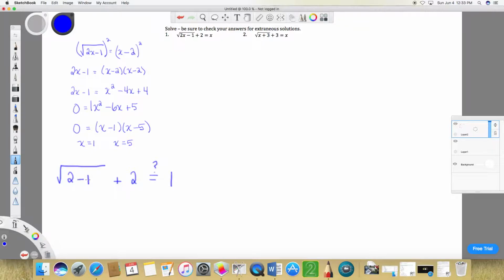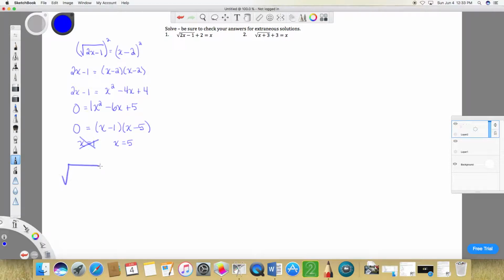So 2 minus 1 is 1, and the square root of 1 is 1. But 1 plus 2 is not equal to 1. So this does not check. It's extraneous.